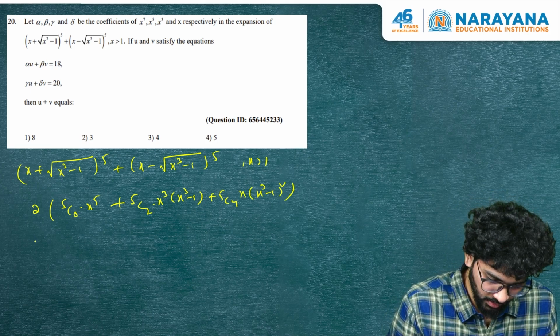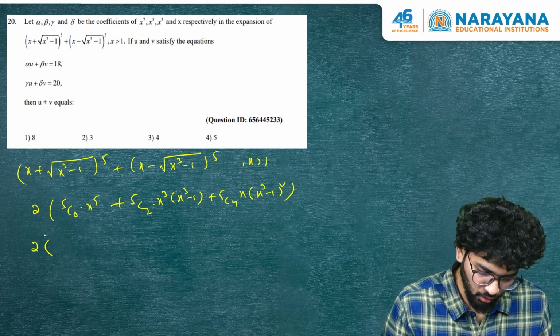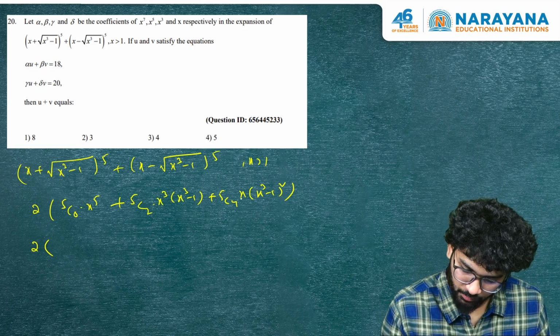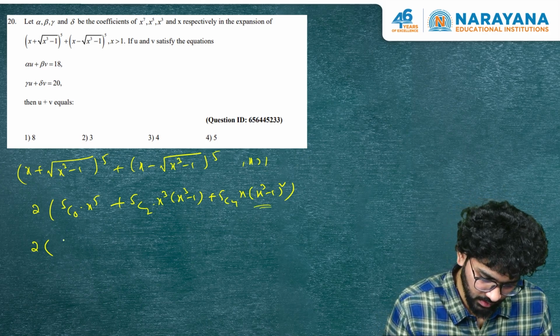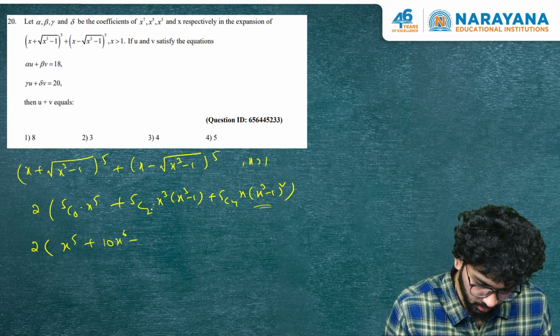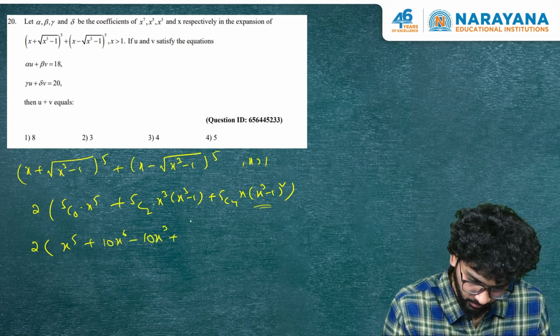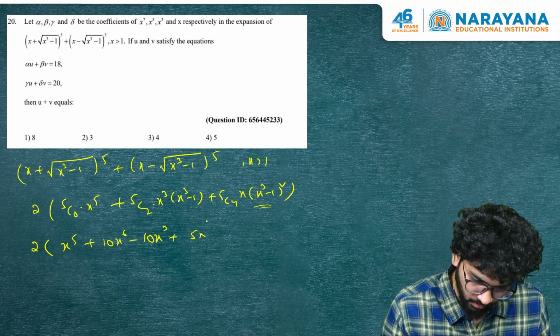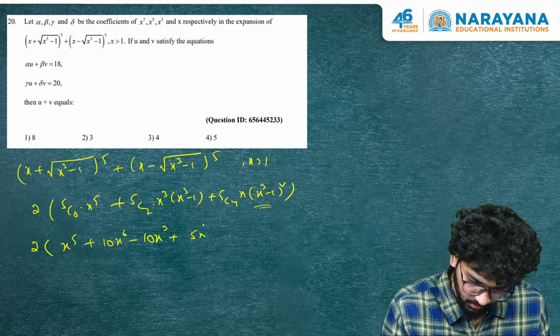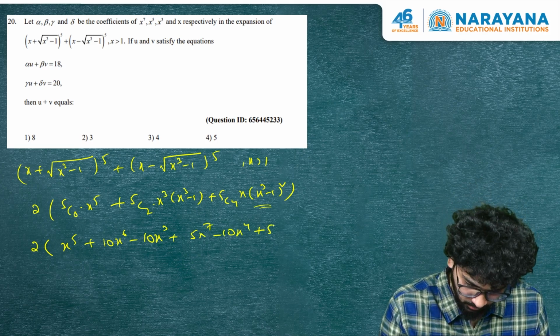Now if you simplify this, first let us simplify: this is x power 5 plus 10 times of x power 6 minus 10x cube plus 5x power 7 minus 10x power 4 plus 5x.